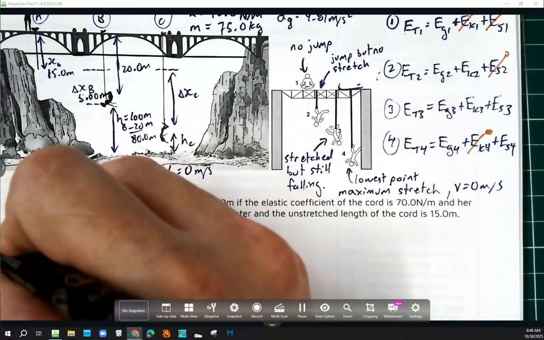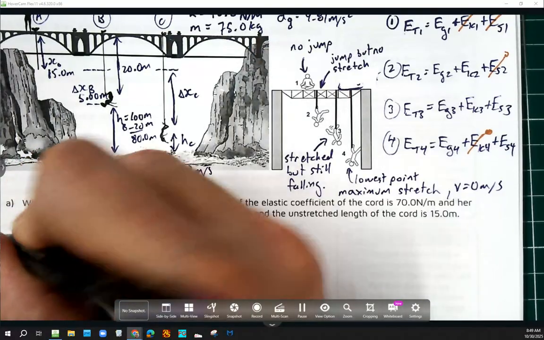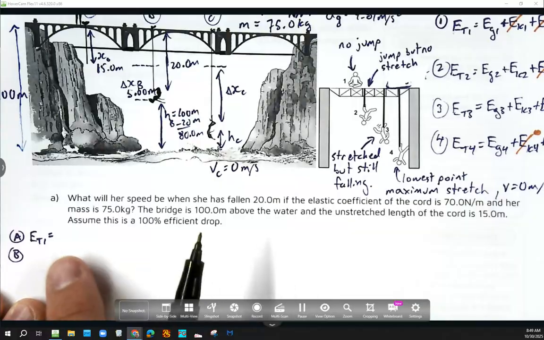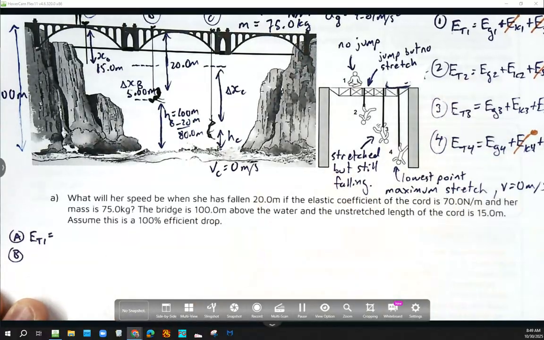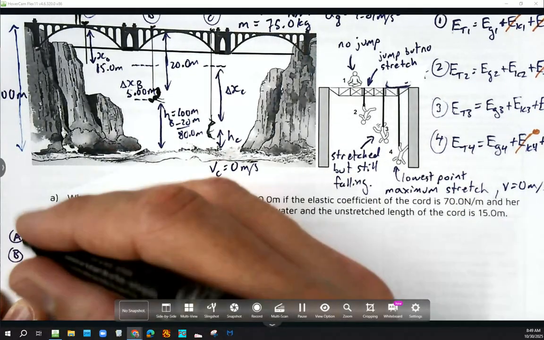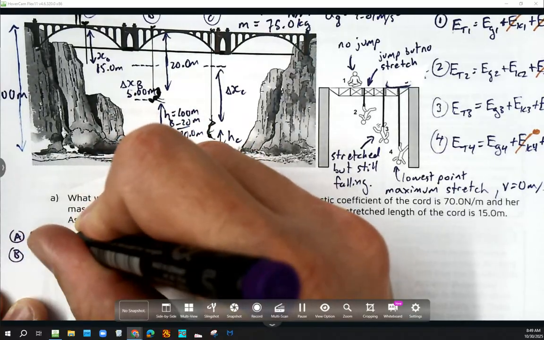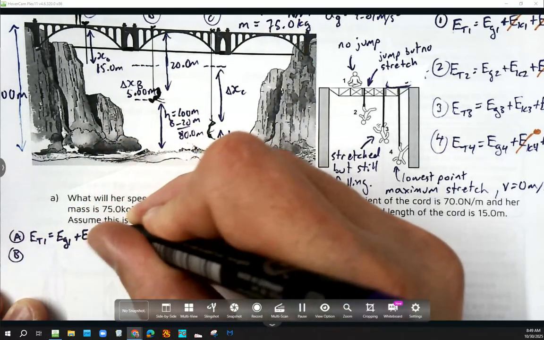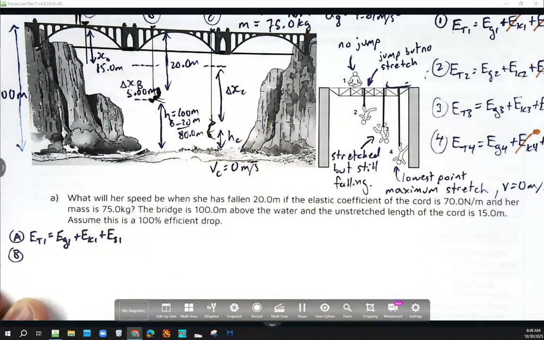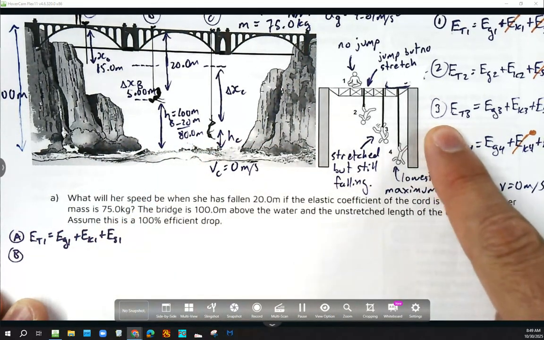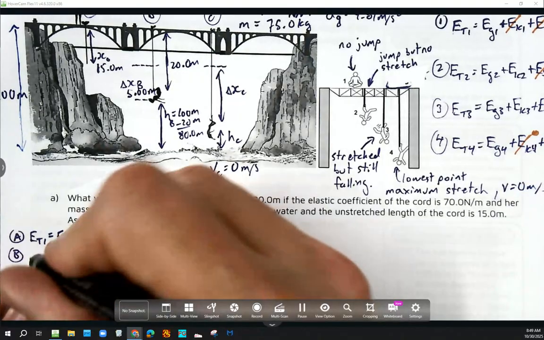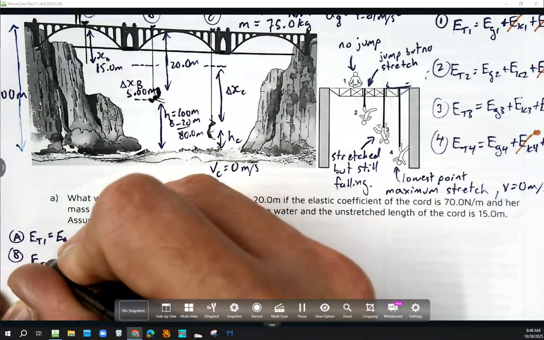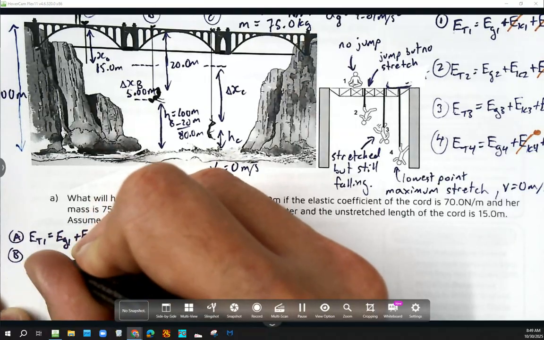So then we've got position A and position B. At position A, we're talking ET1, which I'm just going to call it because it's the first position. ET1 equals EG1 plus EK1 plus ES1. At position B, this is actually scenario 3, but to be consistent with the equations above, let's call it ET3.